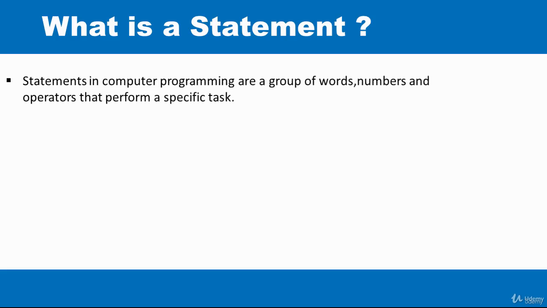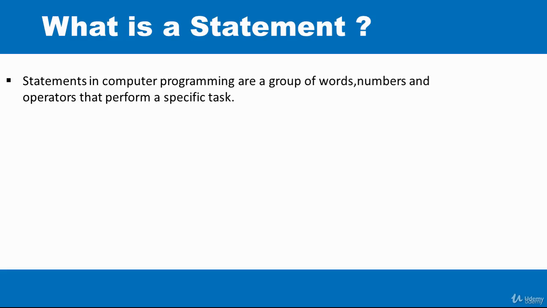Comments are a way of explaining various parts of your computer code. So a statement is a combination of words, numbers, operators, and the various components that the programming language needs to create a program.